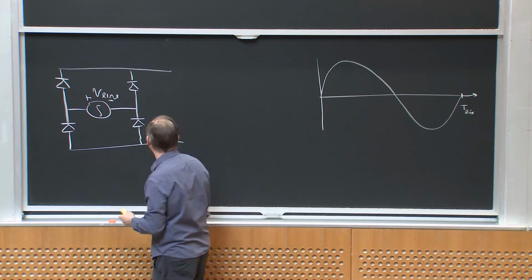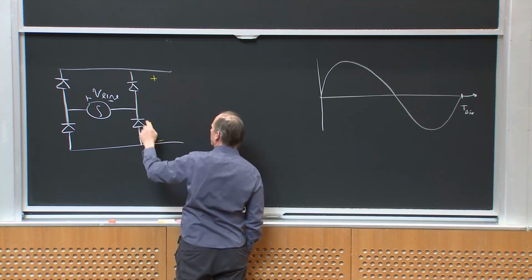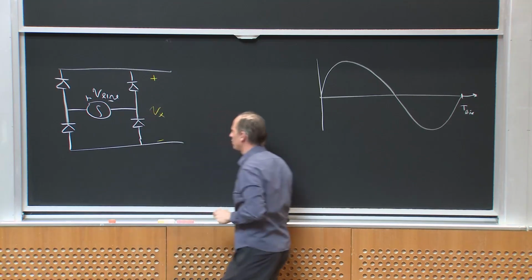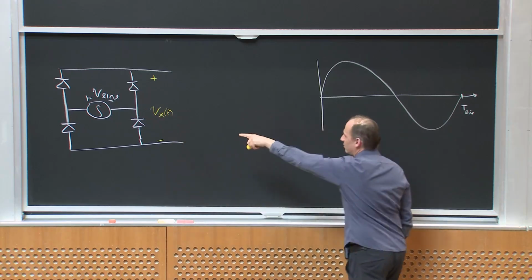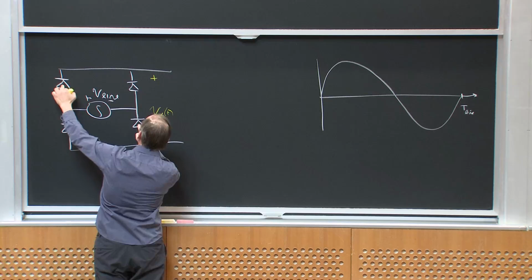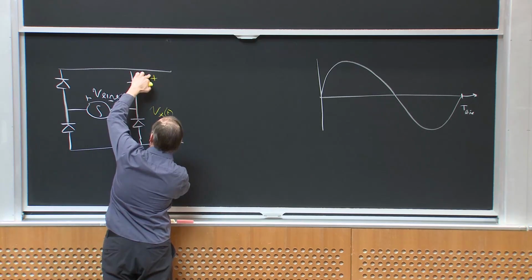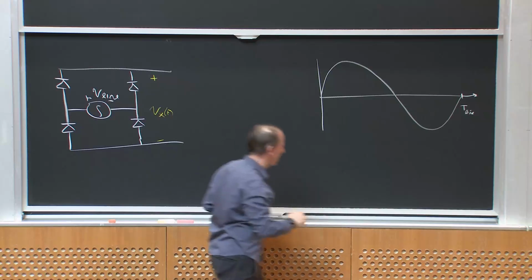Maybe what I will get then is a voltage Vx, depending upon how I make the rest of the circuit look like, Vx that looks like this. So this is Vx of t. When V line is positive, these two diodes are on, and Vx equals V line. And when V line is negative, these two diodes are on, and Vx equals minus V line.